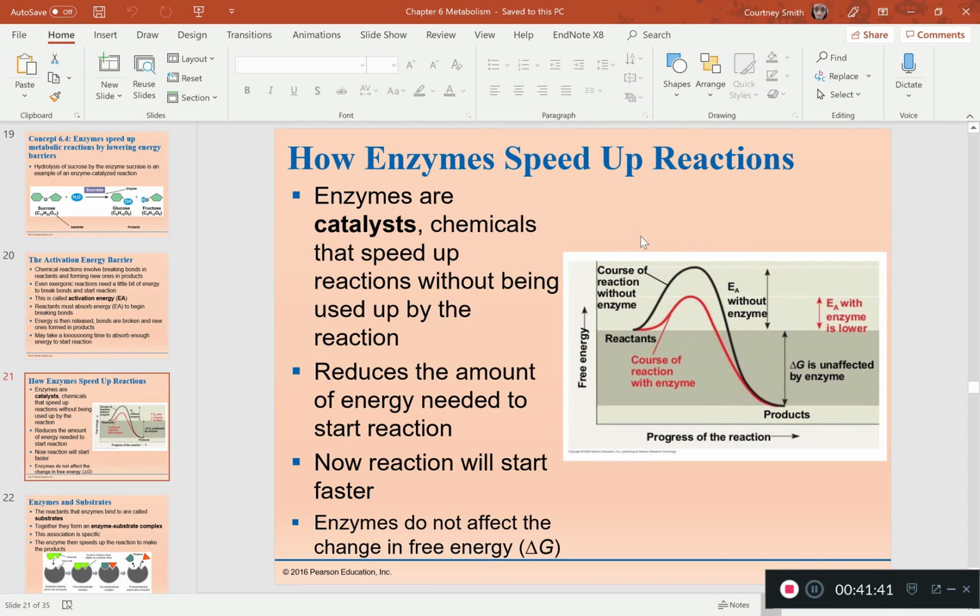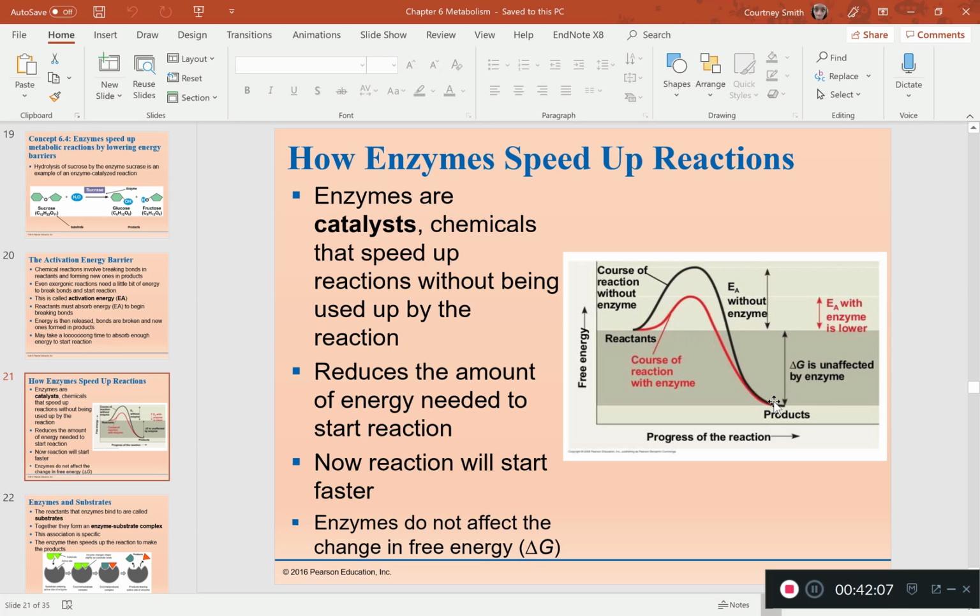Activation energy has to do with how much work I need to put in in order to get my final result. That is where a lot of times we like to use enzymes, because they minimize the amount of work needed to get to the final product that we want. With enzymes, what you will have is this red line. This is whenever you add enzymes.